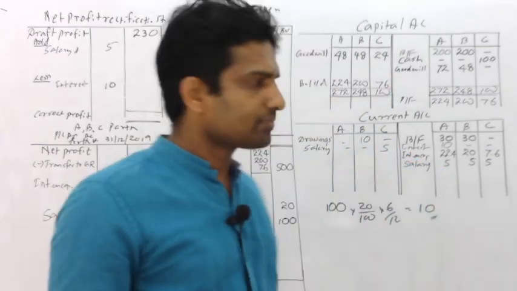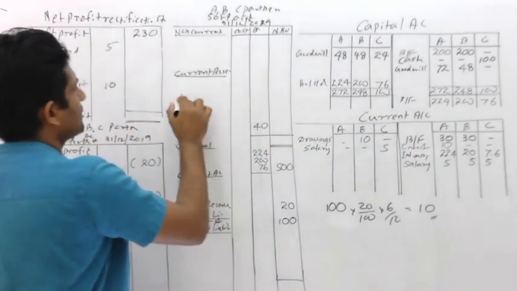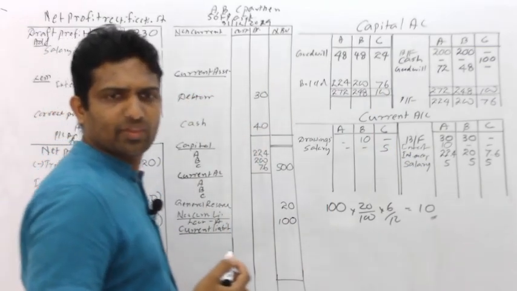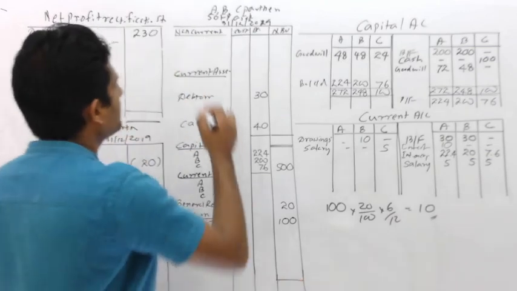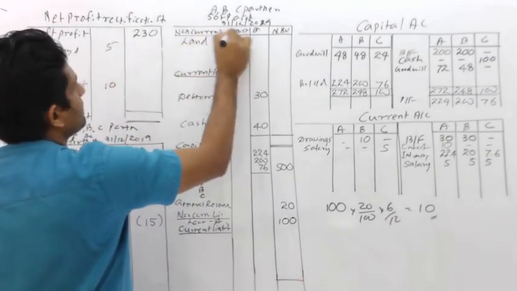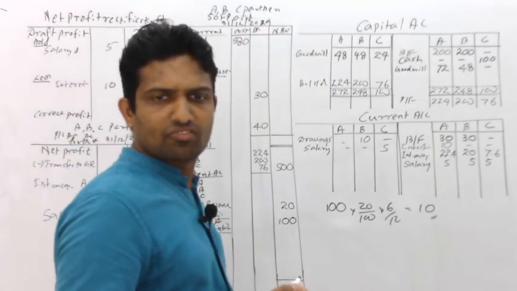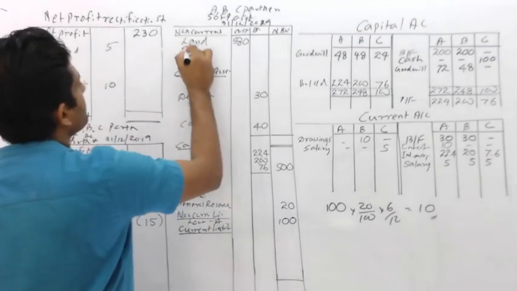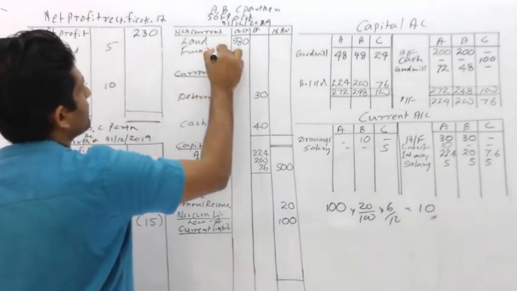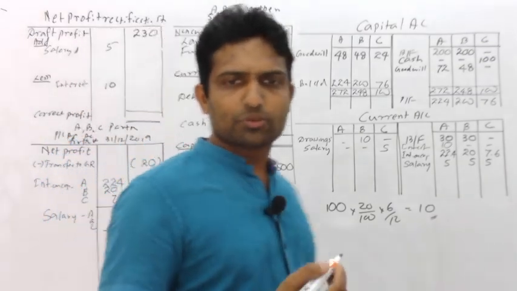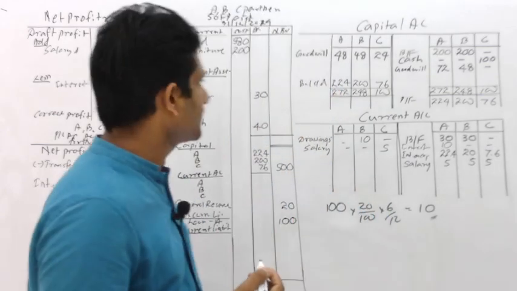Debtors 30 under current assets. Land 580, furniture 200, provision for depreciation 30, that is on furniture.